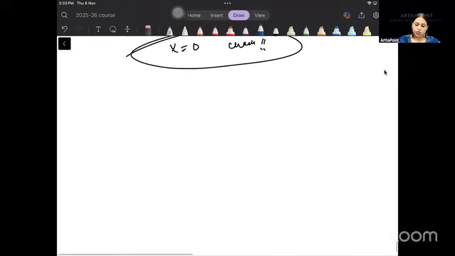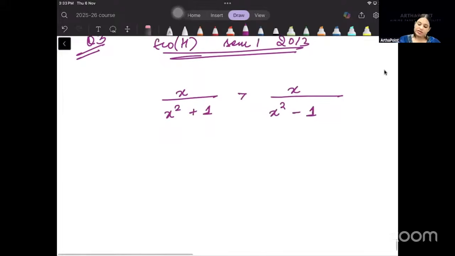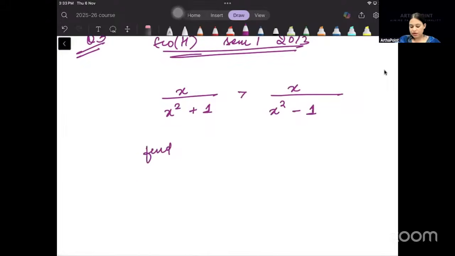Okay, beta. Now, question number 3. Again, this is Eco Honors SEM 1 2013 paper. The question is x upon x square plus 1 greater than x upon x square minus 1, find x that satisfies this inequality.